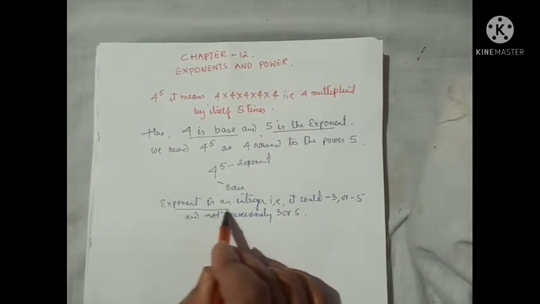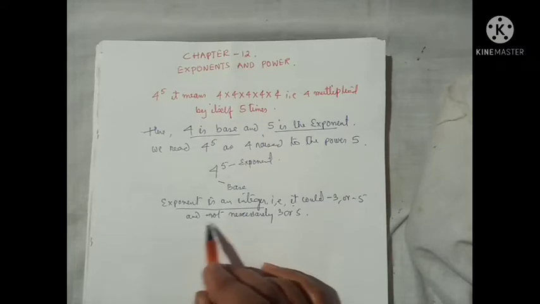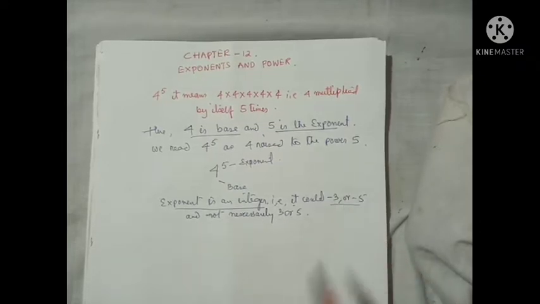So the exponent is an integer. It could be -3 or -5 and is not necessarily only positive. It can also have a negative sign.